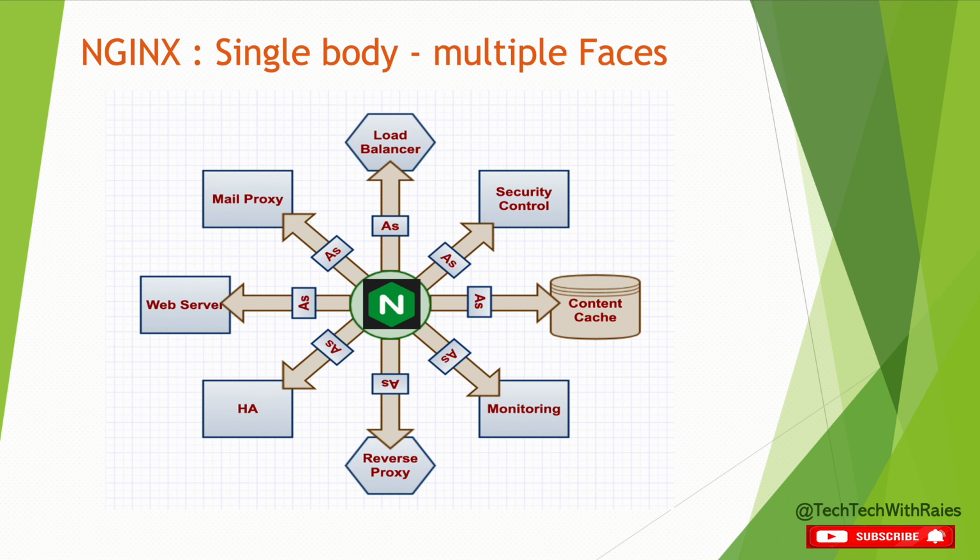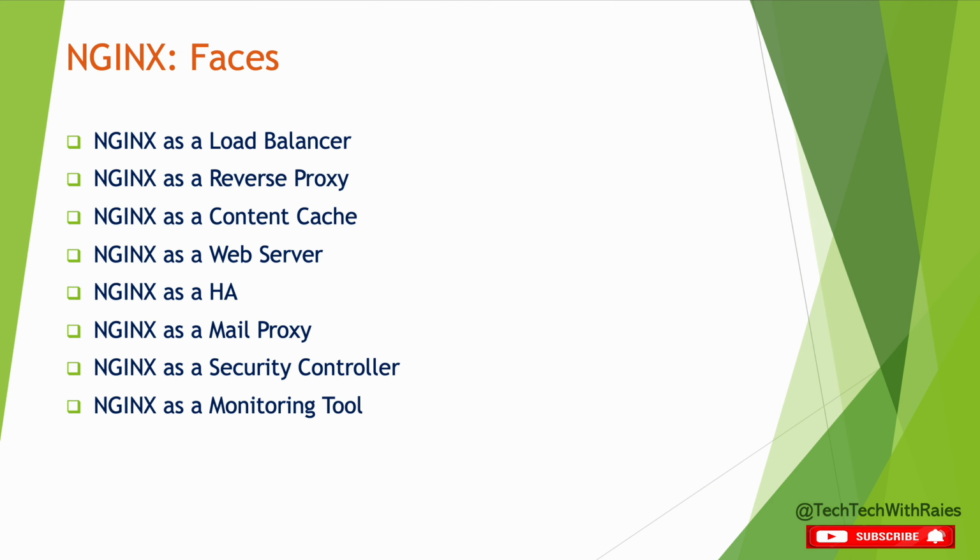To summarize, NGINX is a load balancer, a reverse proxy, a content cache, a web server, an HA tool, a mail proxy, a security controller, and a monitoring tool. These are the different faces of the single body NGINX. From these two slides you can see that NGINX is a very powerful tool which provides a lot of individual functionalities and which is very important in the distributed system.